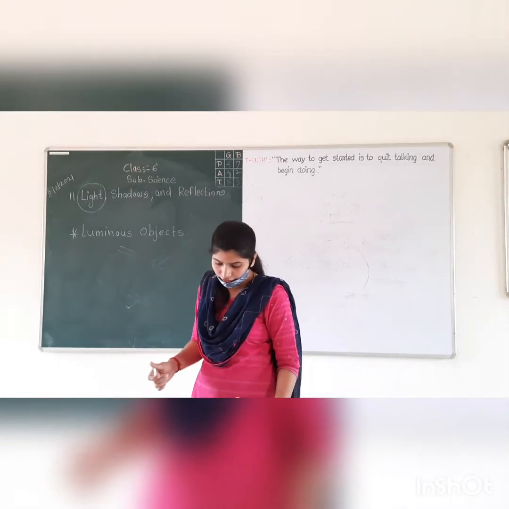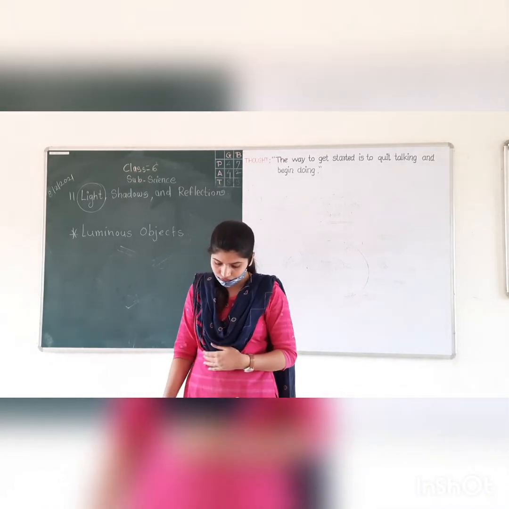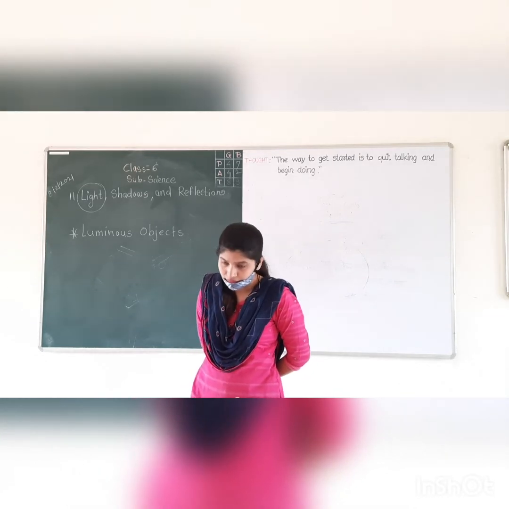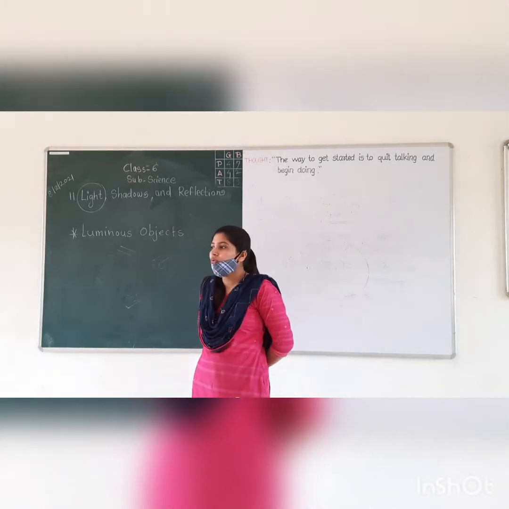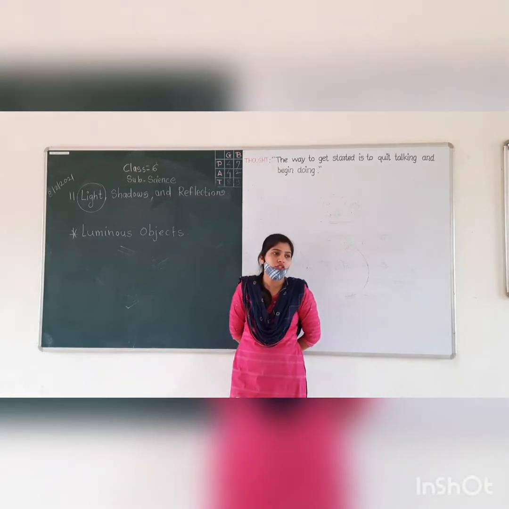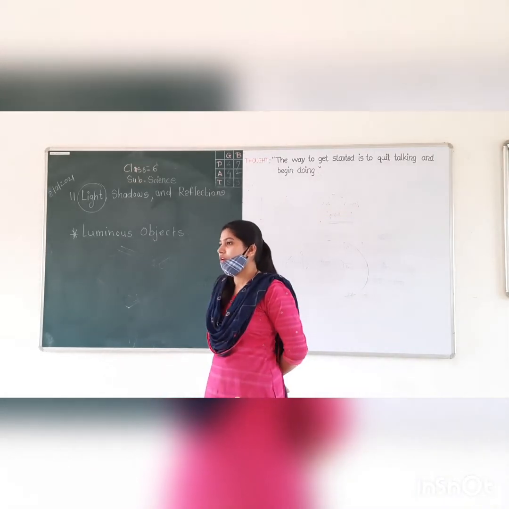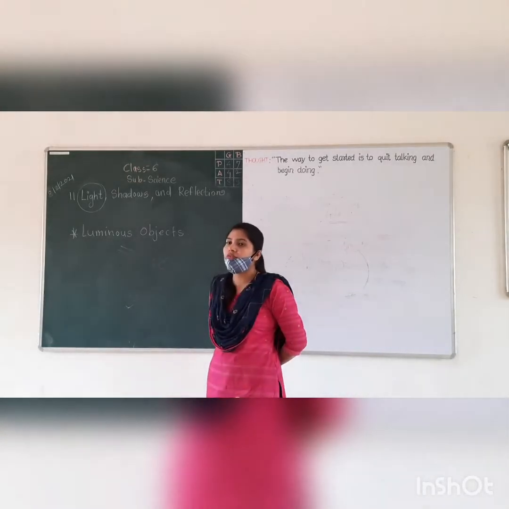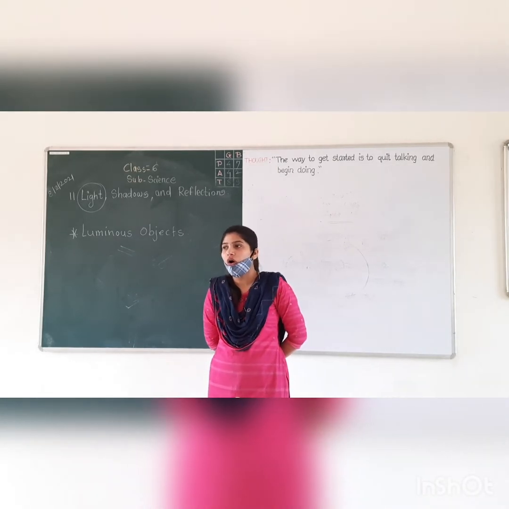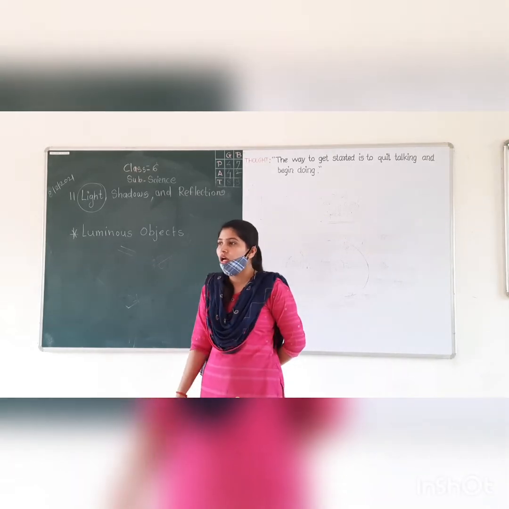So write down that definition. Write in your own words, okay? Don't copy as it is. The objects that give us light or emit light of their own, underline that, of their own.